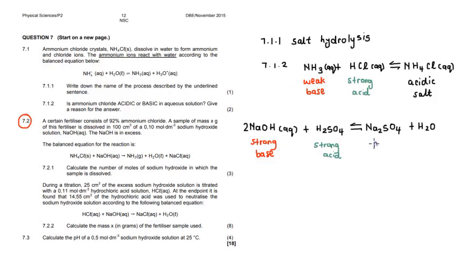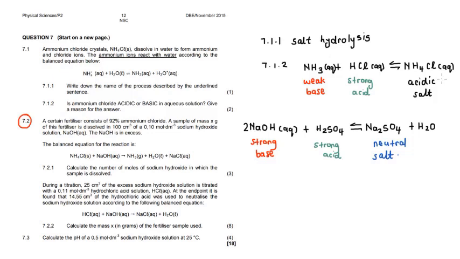So we call this a neutral salt. That means that if you dissolve sodium sulfate in water, that solution is going to be a neutral solution. In contrast to that, if you dissolve these ammonium chloride crystals in water, the solution that you make is actually going to be an acidic solution.